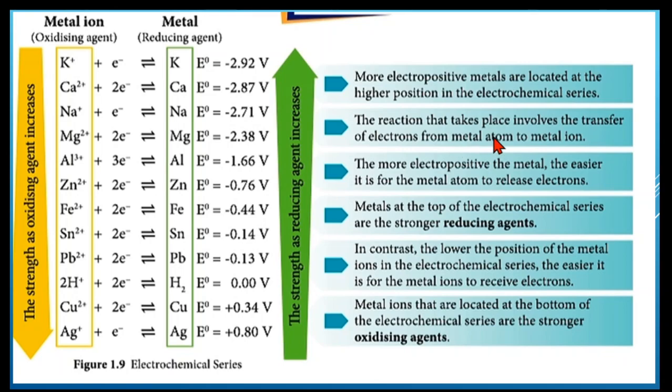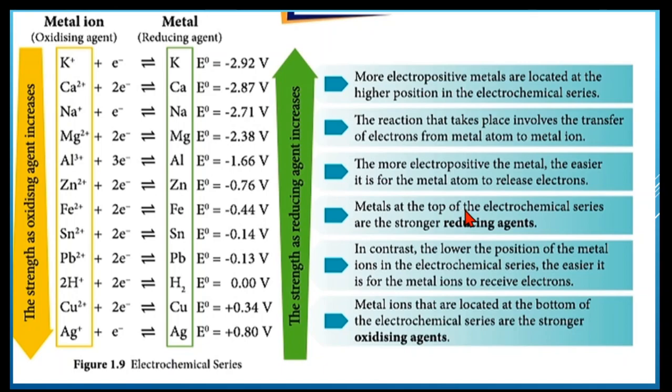Sebab metal atom dia yang akan buang itu elektron. The more electropositive the metal, the easier it is for the metal atom to release electron. Betul lah, dia punya tendency is greater to release electron.